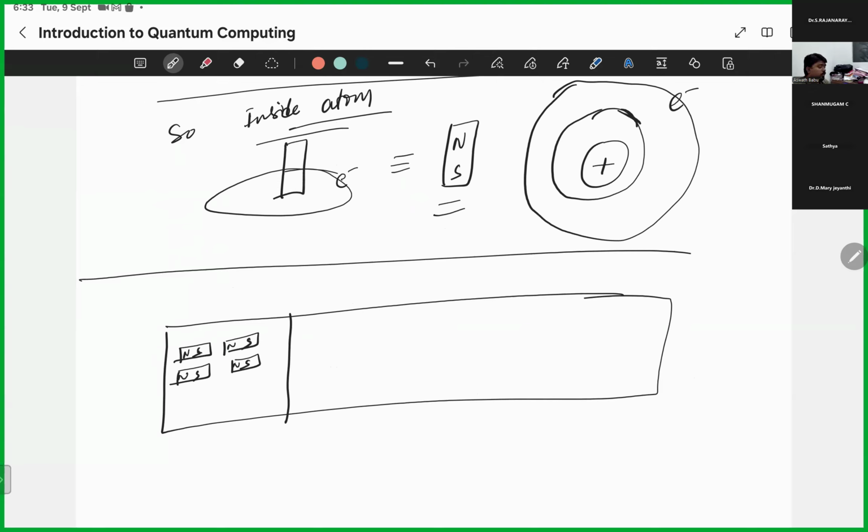All of them arranged that way, you can call them zero. If you arrange them south, north, then you call them one. This is how classical information is being stored.